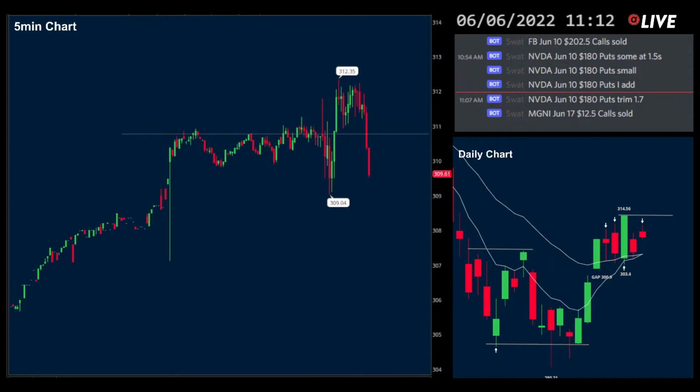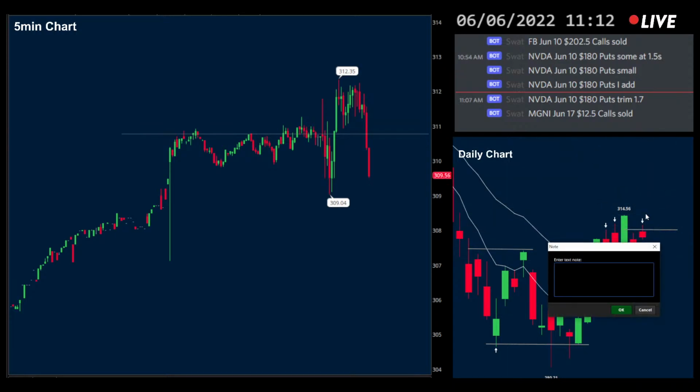SPY and the cubes so far lower highs, so watch out, guys. Still too soon, but so far lower highs.